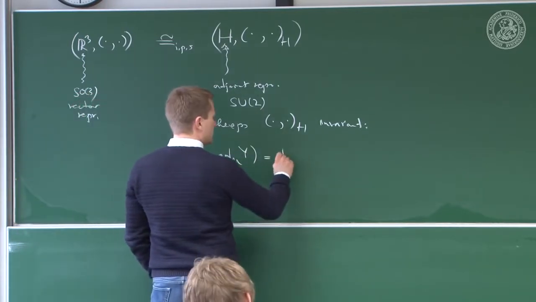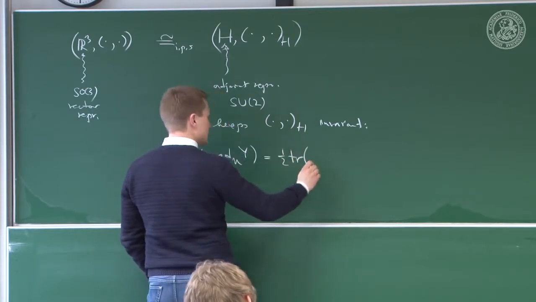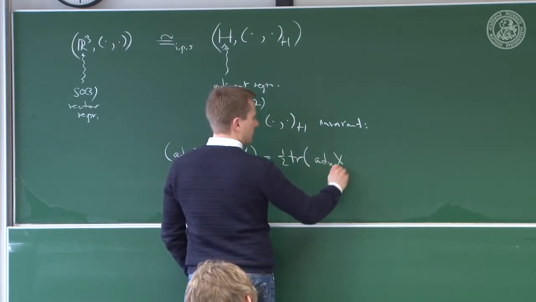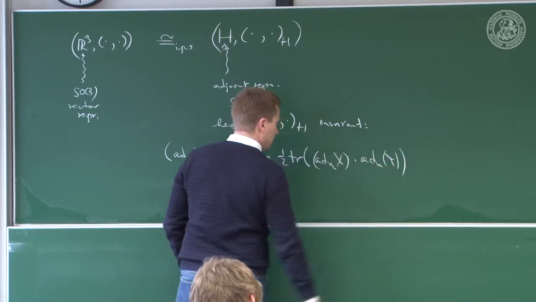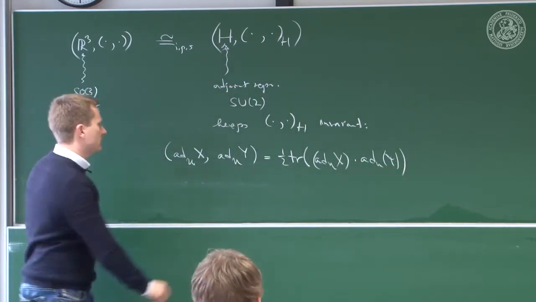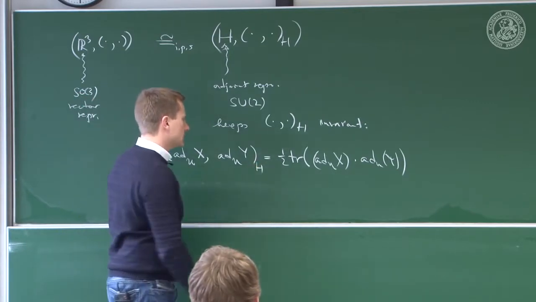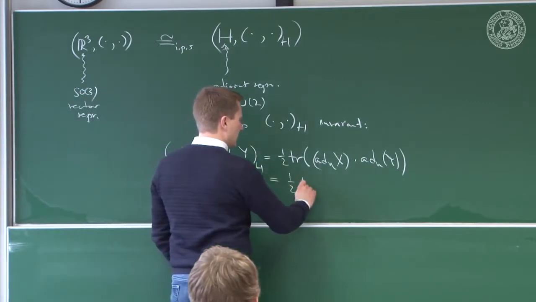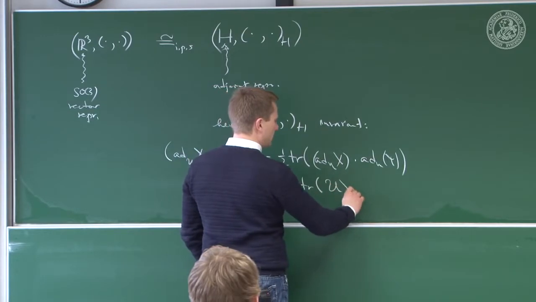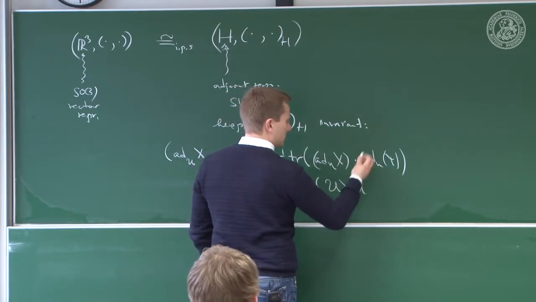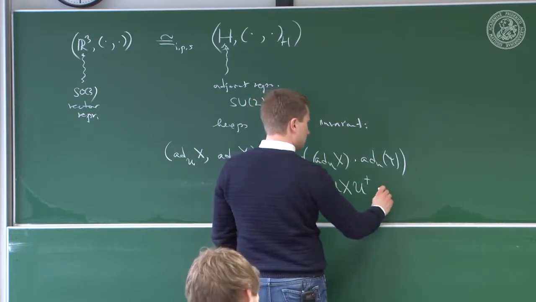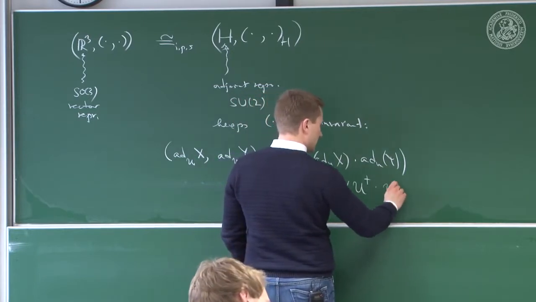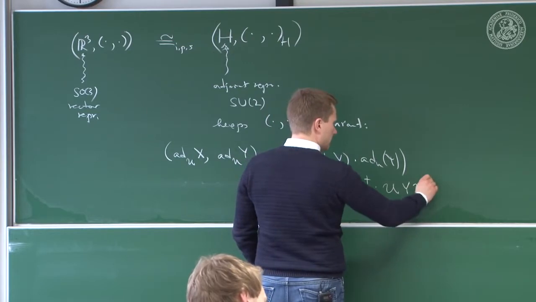Well, this is, of course, 1/2 trace add u on x dot add u on y, because that's the definition of this H product. And this is 1/2 trace u x u inverse, well, or u dagger, it doesn't matter in this context because it's SU2, times u y u dagger.